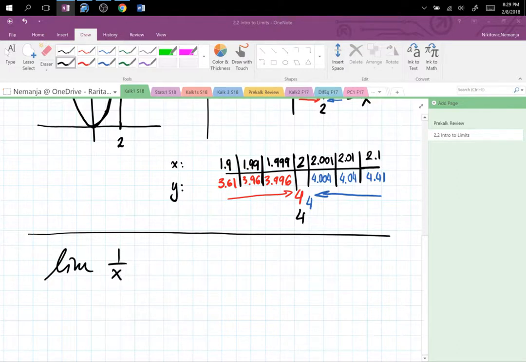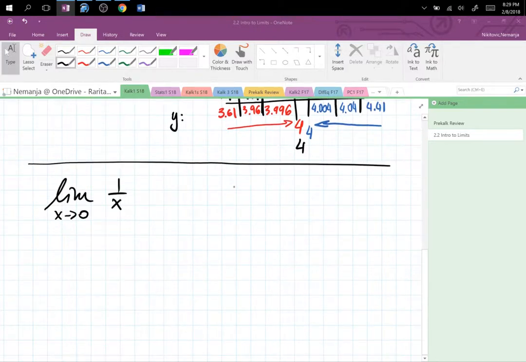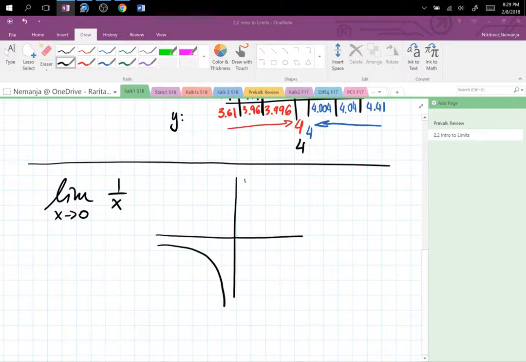Limit of 1 over x as x goes to 0. Great. We better know the graph, right? It's a basic graph. So I am supposed to approach 0 from the left. That's the Juliet red. And boo for the boys, right?